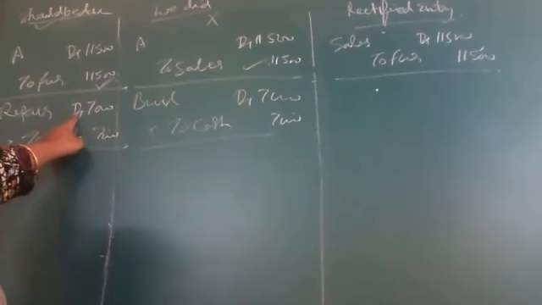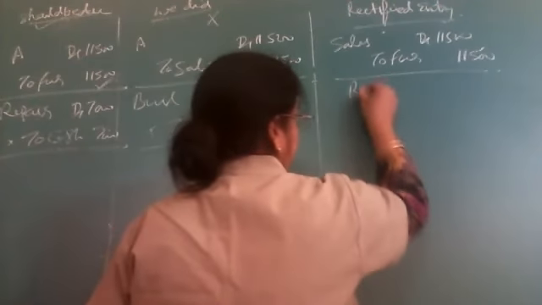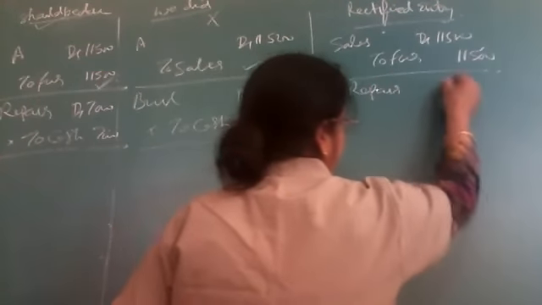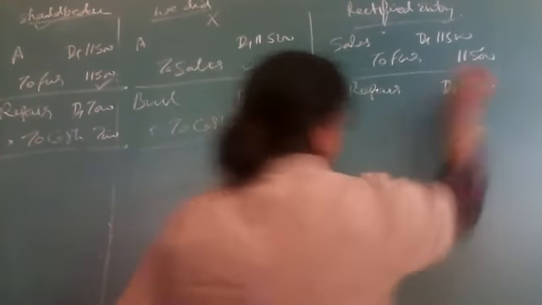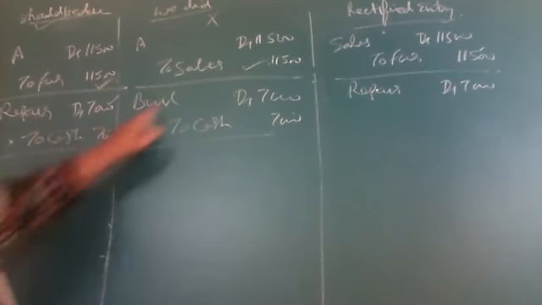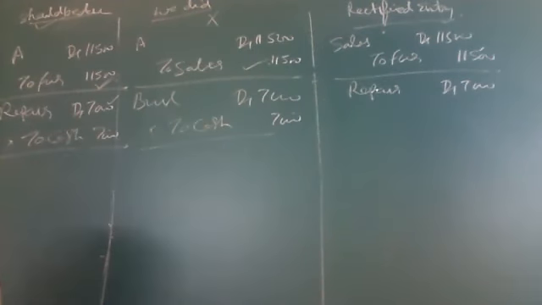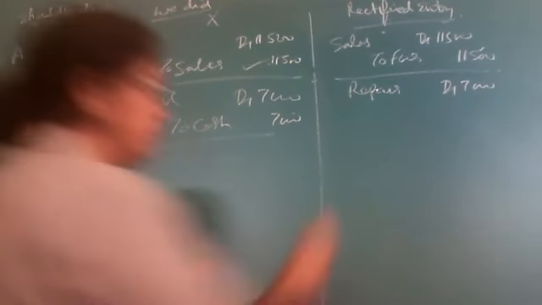As per the right entry, repair should be in debit. Have we done it? No. Now we do it. Repairs debit. This is done. Now building. As per the right entry, building should not be anywhere. It is wrongly debited. So let's cancel it.